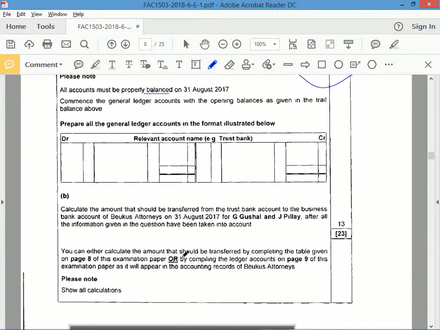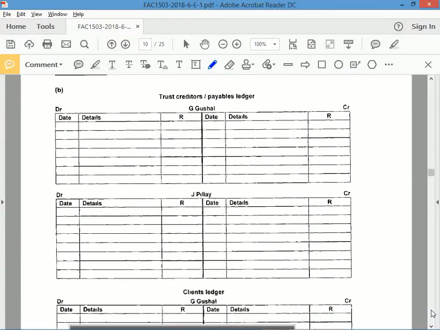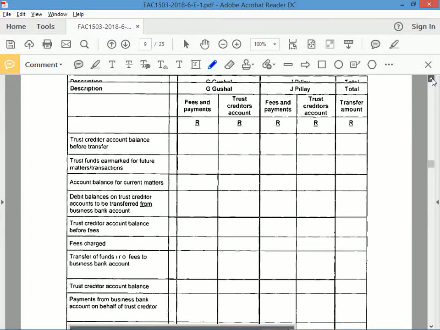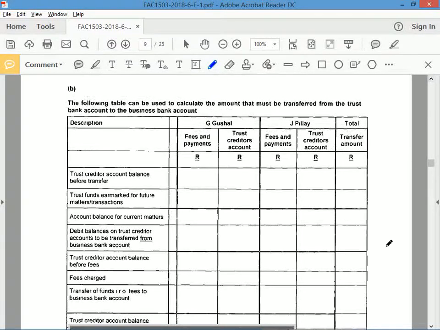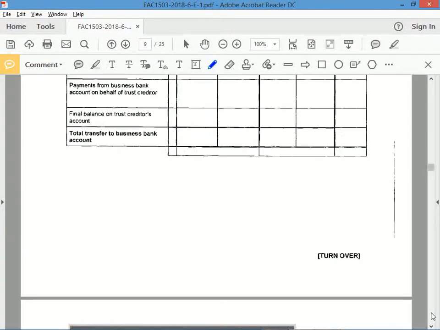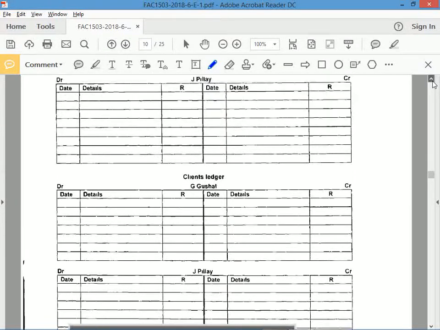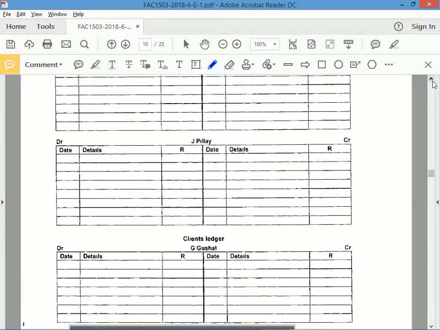You can either calculate the amounts transferred in the table or in the ledger. Okay, the ledger is always going to be easier because you just follow. We can do both, so you have both, and then you can decide which one you like better. There's the table. I don't like the table. I'll come back to it and I'll fill it in. Okay, I prefer this because you just remember your rules and then you just apply them.